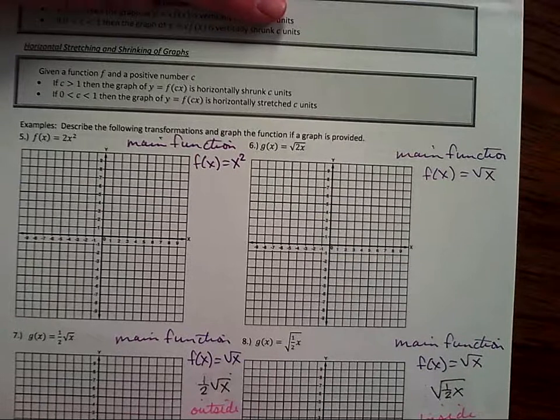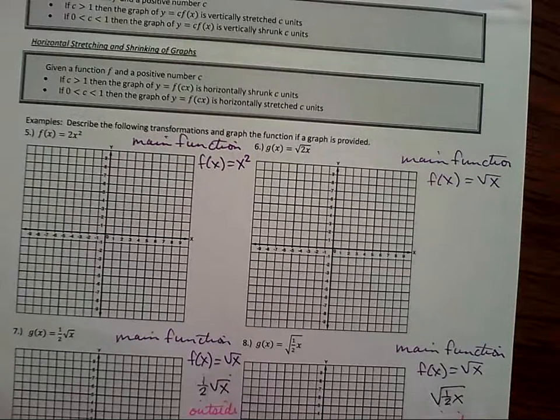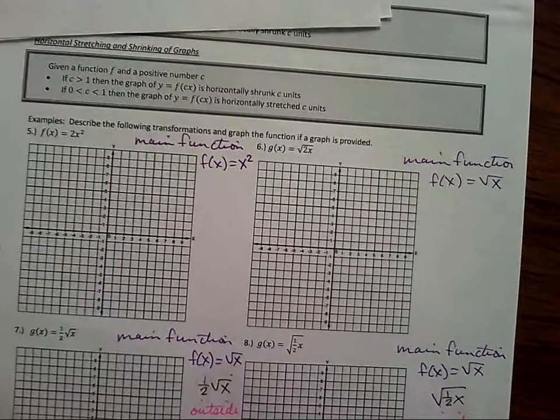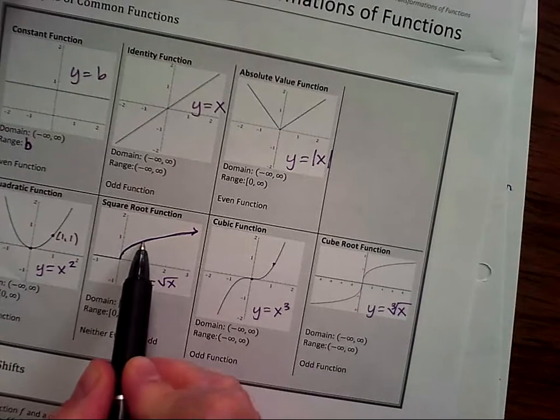Okay, so I have that point 0, 0, right? How do I vertically shrink? Well, let's look at the square root function. So I have the point 1, 1 on my square root function.